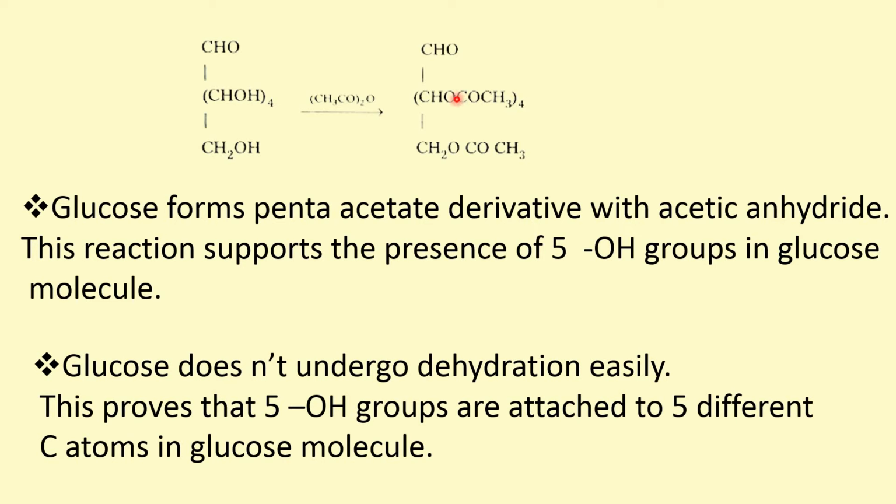These 5 OH groups may be attached to 5 different carbon atoms, or it may happen that 2 OH groups are attached to one carbon atom. But if 2 OH groups are attached to a particular carbon atom, then a dehydration reaction easily occurs, that means water is removed.